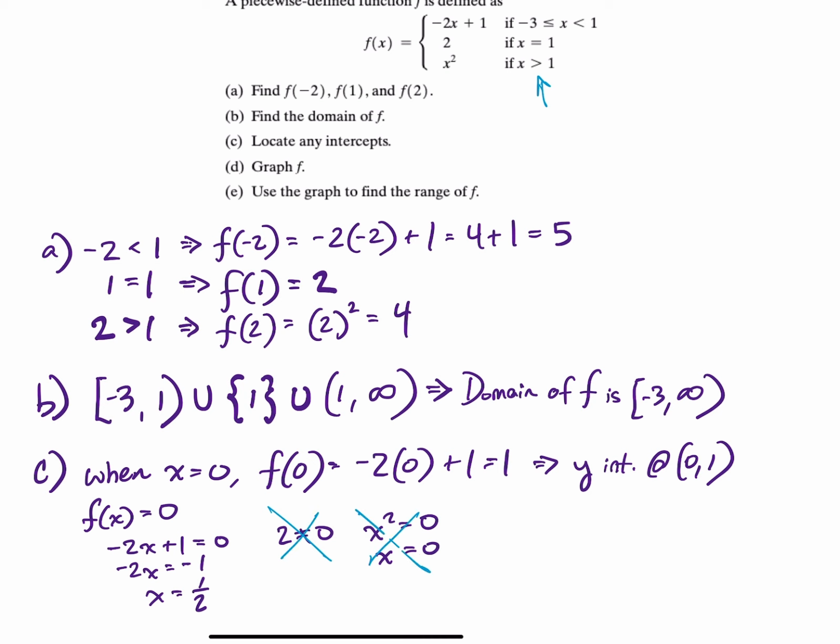So our x-intercept will be at this value of positive 1/2. So I'll say x-intercept at the point 1/2, 0.